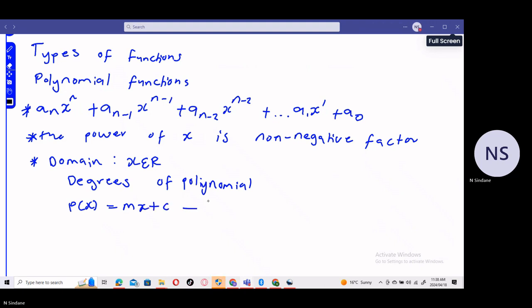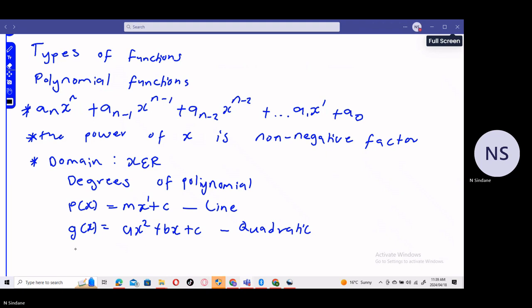This is your linear function, degree 1. Then the second degree, which we also use a lot, is called a quadratic. It consists of degree 2, the second degree polynomial.